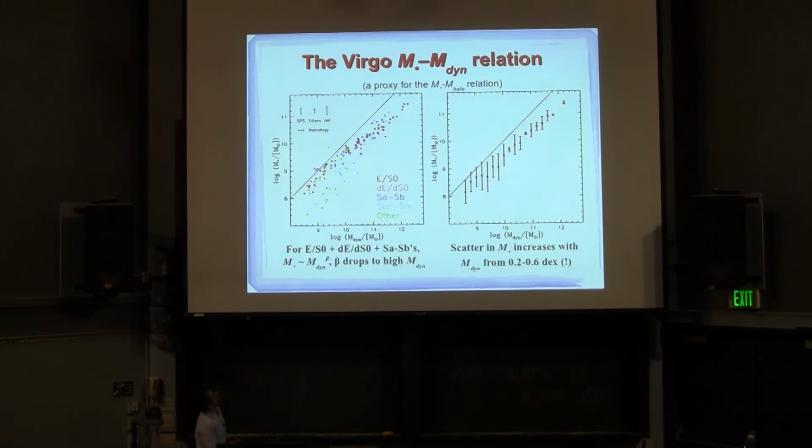Okay, final bit of news from this recent work is our exploration of the relation between stellar mass and dynamical mass for our galaxies, both measured within the optical radius of our isophotal radius of our galaxies, R23.5. And so here on the left, I've plotted stellar mass versus dynamical mass, points color-coded by morphology.